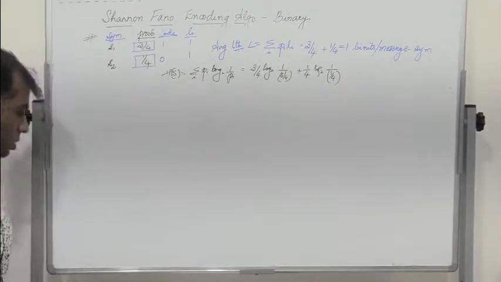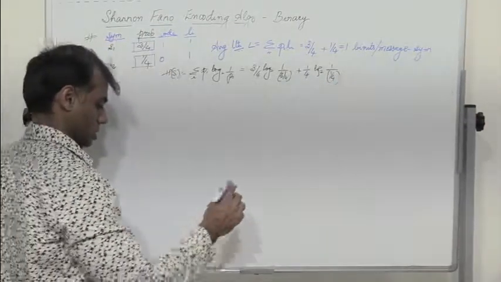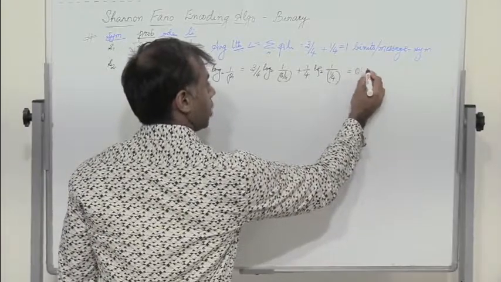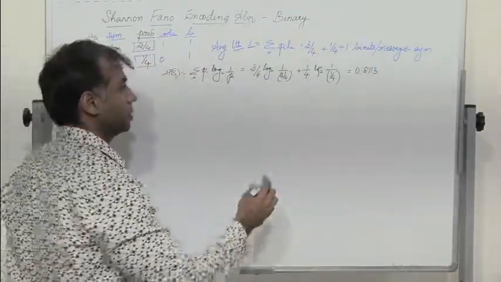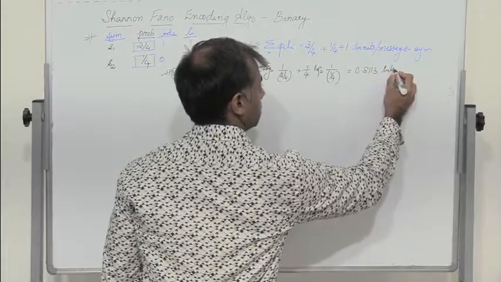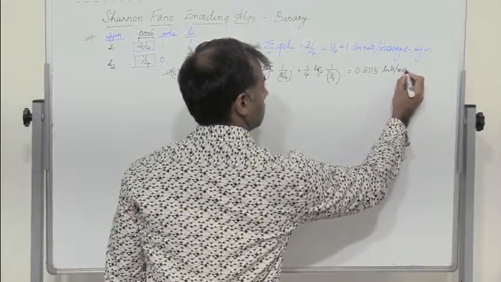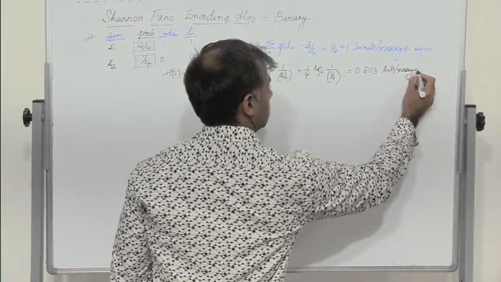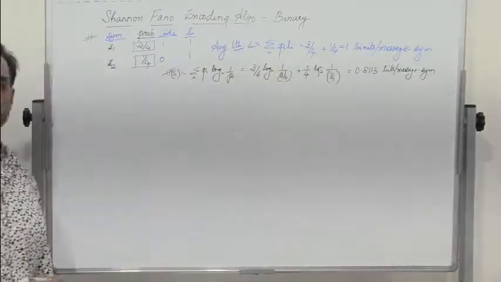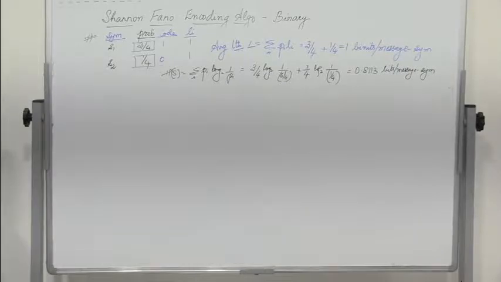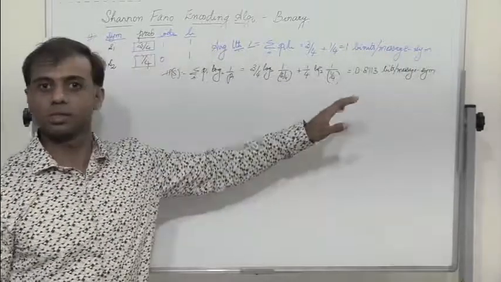Therefore we get 0.8113 bits per message symbol. Make sure that the calculations are done correctly using the calculator, and please do not forget to write the units.